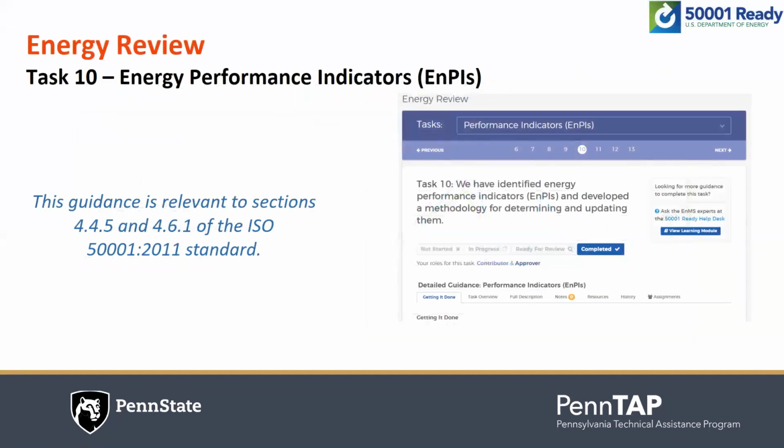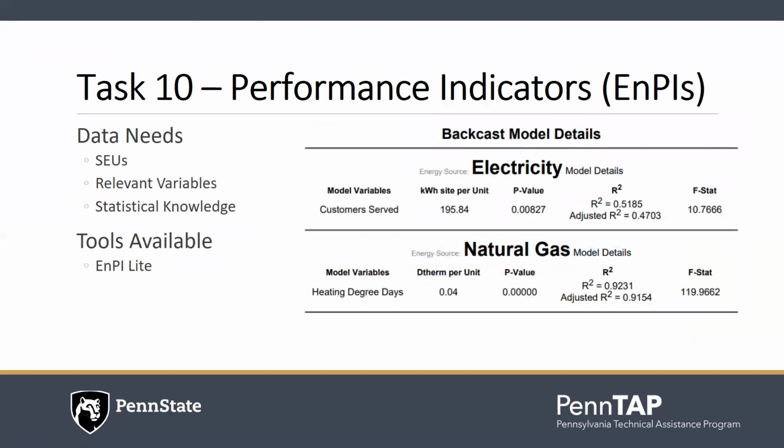So next you'll need energy and performance indicators. And this is where that EnPI Lite tool will help you. So an EnPI is really just an energy key performance indicator. And what you'll be looking for is a simple way to track energy usage that's normalized. So in the example shown on the right, these are per unit.